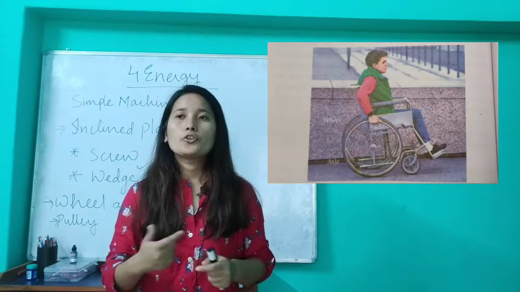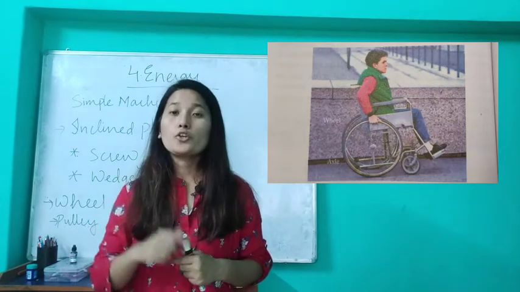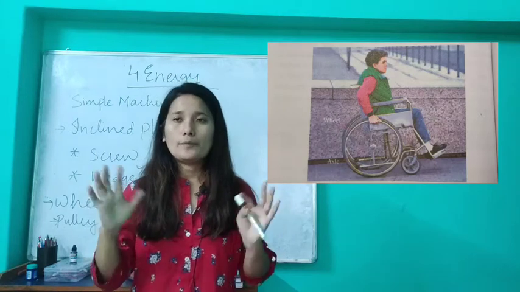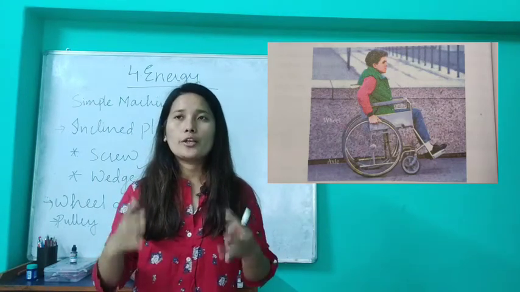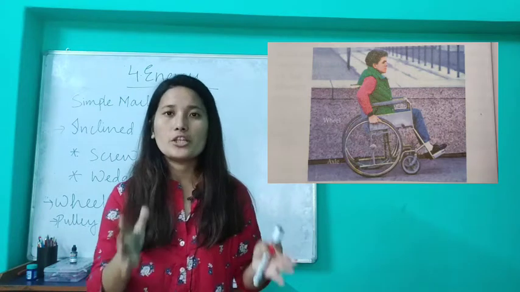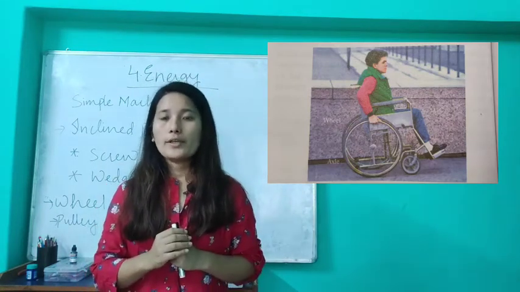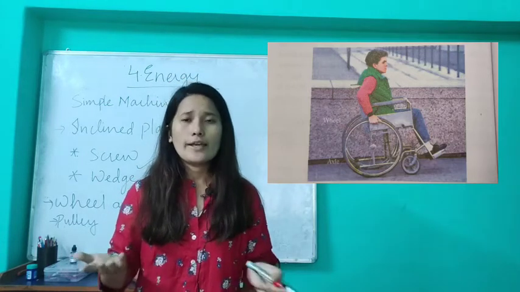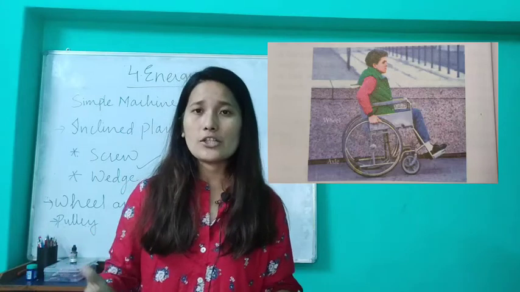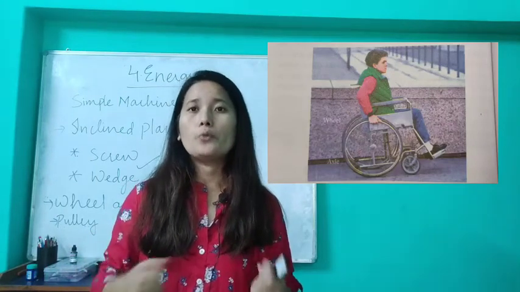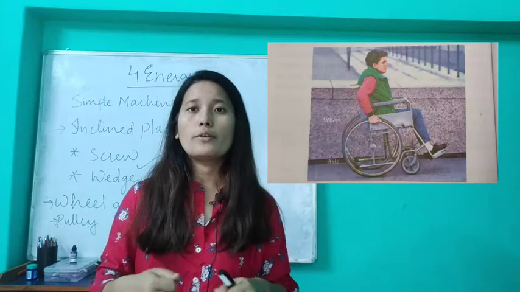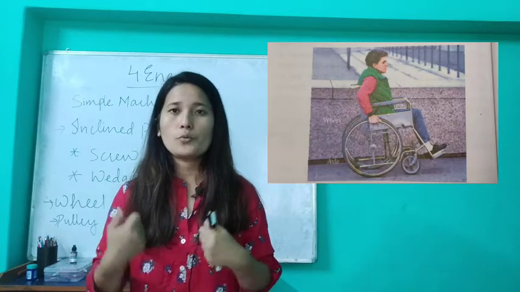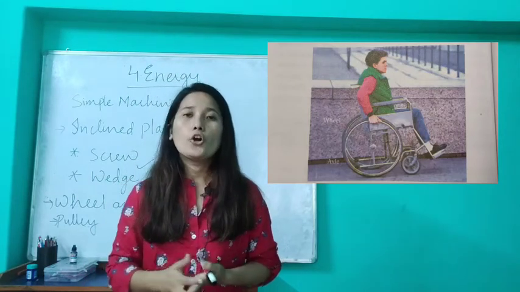With the help of the wheel, your axle is rotated, and then the vehicle or whatever thing you are trying to move easily moves. So wheel and axle is also an example of a simple machine, because what is a machine? It helps in making any work easier. If there would be no wheel, would you be able to ride the bicycle? No, right? So the movement of the bicycle is made easier with the help of a wheel. So wheel and axle is also an example of a simple machine.